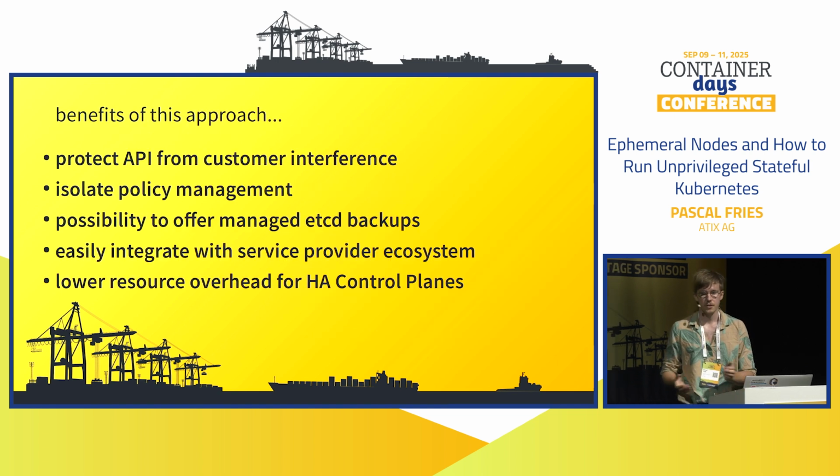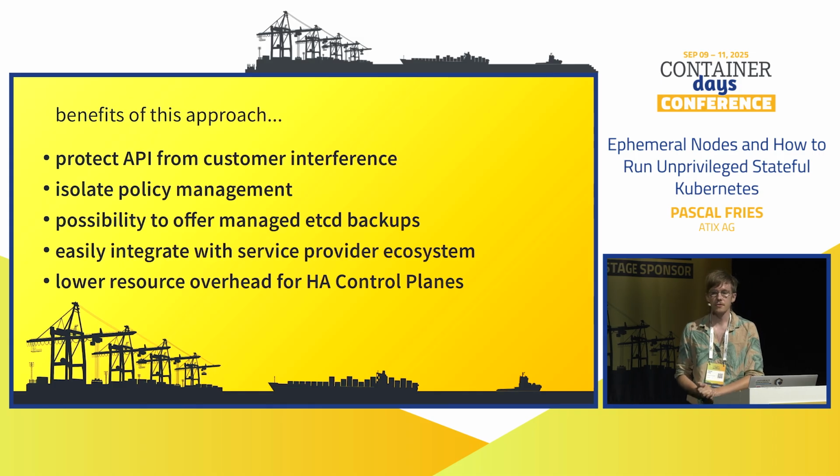Cool thing is, I just said the customer cannot interfere with what the API is doing. You can implement policy there. You could implement protection of your API. Since you're also controlling etcd, you can do managed etcd backups, restores, whatever. If you have an ecosystem around that platform, it's easy to integrate with that because the API server is now entirely under your control. And if you plan on hosting a lot of control planes, you can host them without having too much resource overhead.